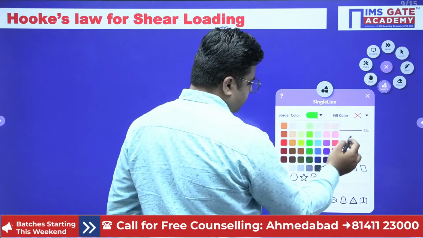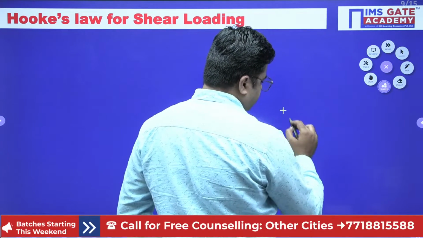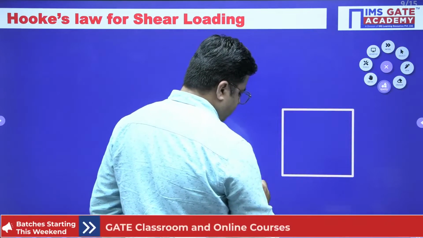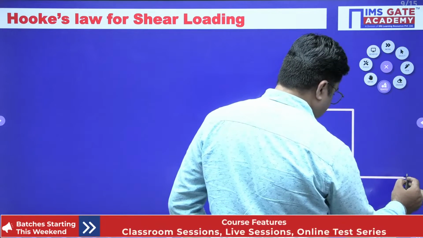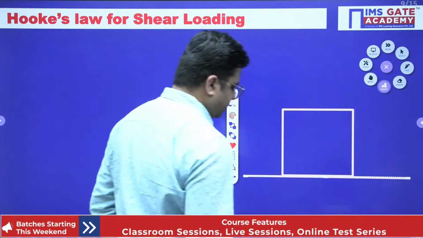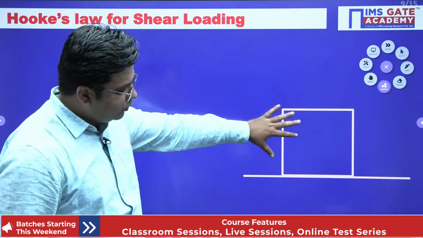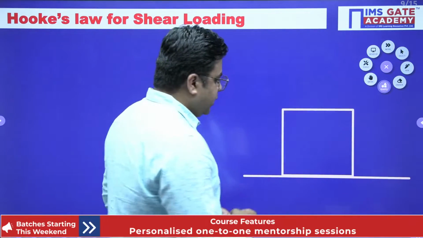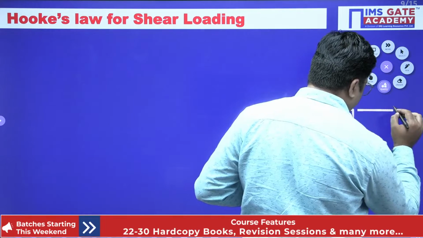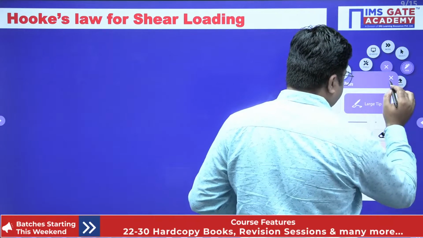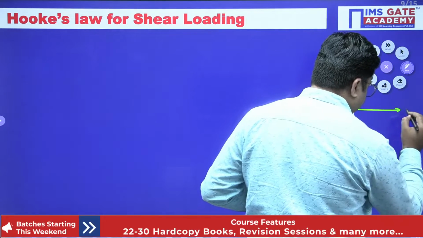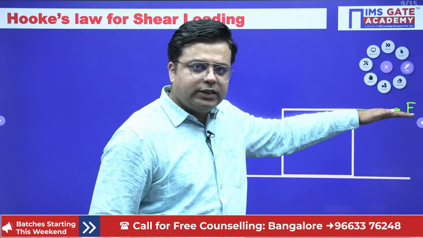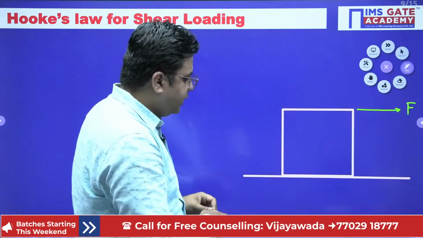Just consider this example. If you have a body which is resting over the surface, and you apply a tangential force over its surface like this, due to this tangential force, this body will undergo deformation in this fashion.